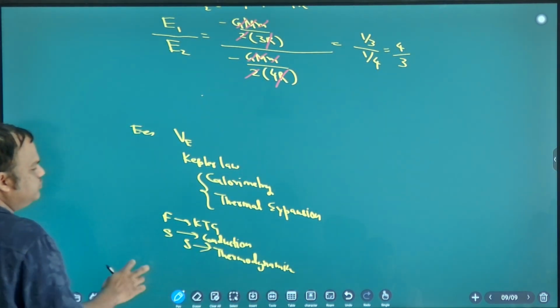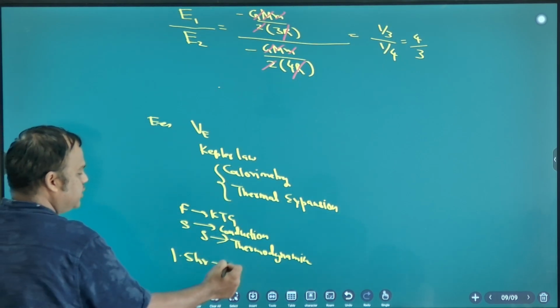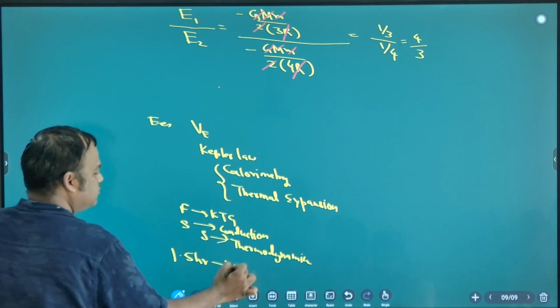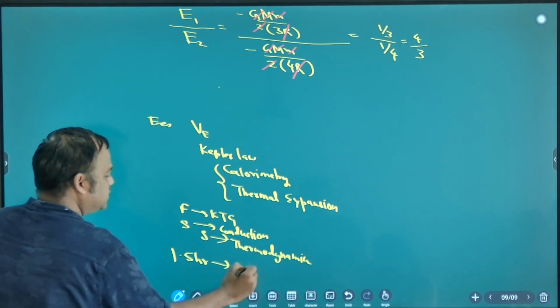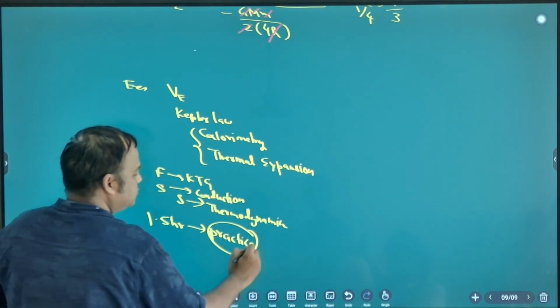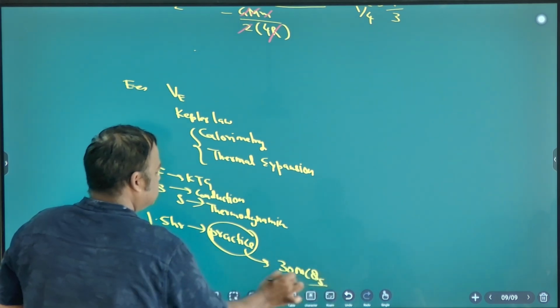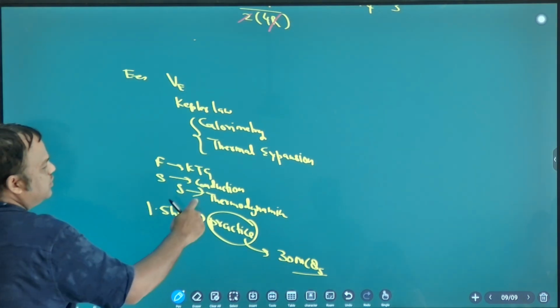You give at least 2 hours or 1.5 hours every day separately, other than classes. For practice, minimum 30 MCQs you solve.